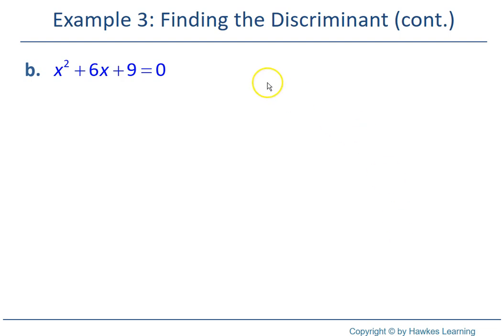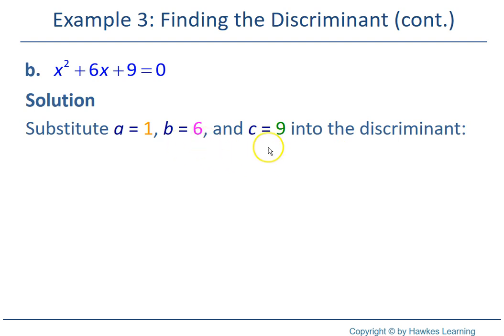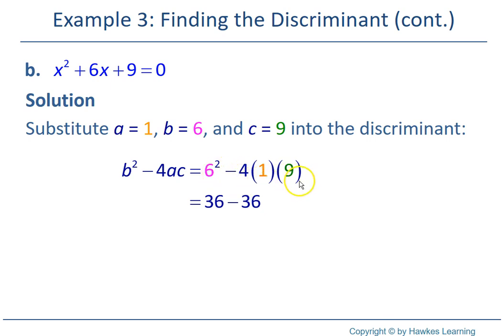Okay. Now, just looking at this, notice your C term is a +9. Your B term that you're going to square is only 36. I can see what's going to happen here. This is going to be a positive 36. So let's just look at this one. We've identified our A, B, and C. We've substituted, and when we put it in there, 36 minus 36, that's a 0.